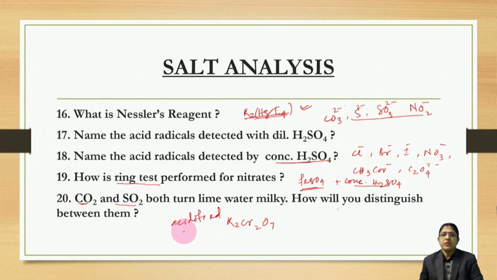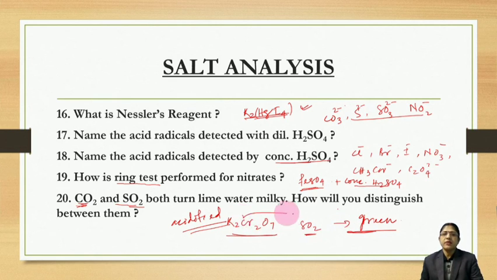With acidified potassium dichromate solution, SO2 turns K2Cr2O7 green, while CO2, carbon dioxide, has no effect, right? So SO2 turns acidified potassium dichromate, K2Cr2O7, green.